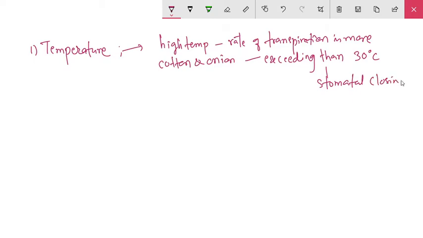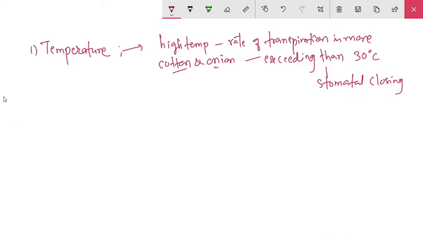These are just two examples, cotton and onion. In many plants, when the temperature exceeds 30 degrees centigrade or becomes very high, it causes stomatal closing. So temperature directly affects transpiration: at high temperature the rate of transpiration is high, as the temperature increases the rate increases, and at low temperature the rate is also low.